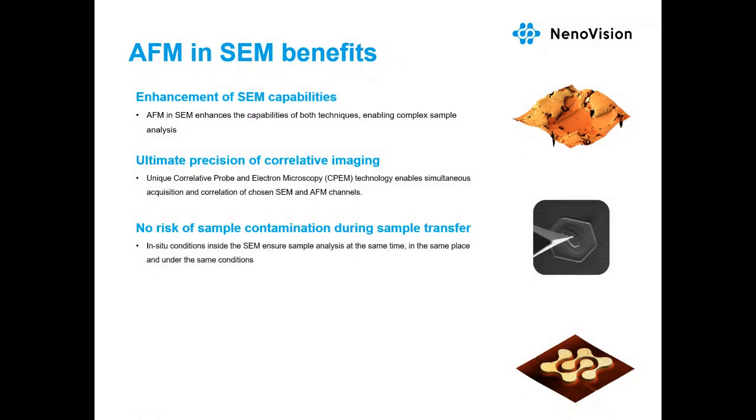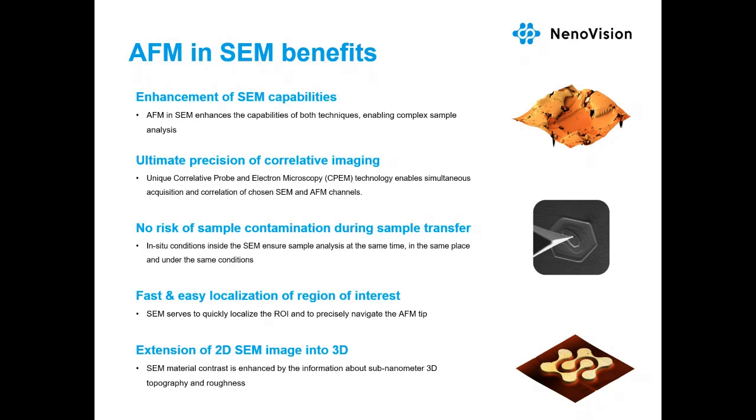You do not risk any contamination or changes during the analysis on different instruments because we do that in situ. And we offer extremely fast and precise localization of your area of interest. And we are bringing the third dimension to 2D SEM images. So we have a sub-nanometer resolution, which we can add to the SEM.